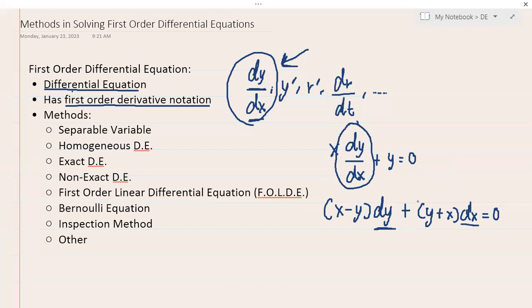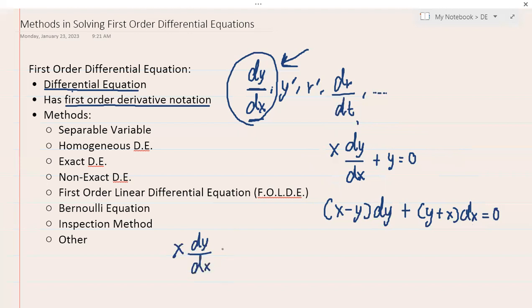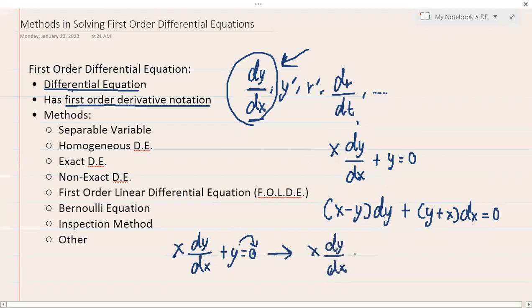Alright? So, ibig sabihin nun, pwede natin siyang i-separate. Okay? So, try nga natin gawin ito. Like, can we make this equation similar as this equation? Try natin. Okay? So, isolate ko siya dito. X times dy all over dx plus y is equal to 0. Una, transpose ko si y sa kanan, magiging ganito siya. X times dy all over dx is equal to negative y.